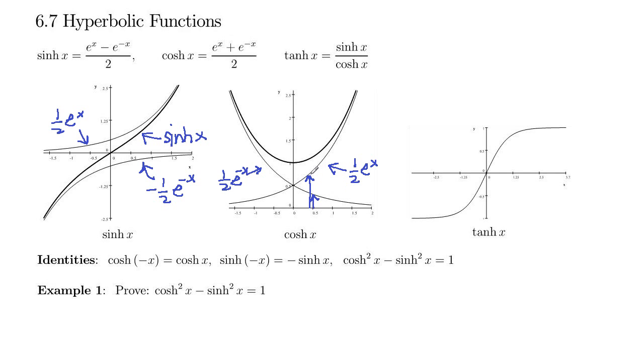If you take this y value, add it on the end, you end up on the bold black line, which is your cosh x. So it's a vertical addition of the graphs at each point. And then if you divide the y values, you get the y values for hyperbolic tangent. Hyperbolic tangent here has some horizontal asymptotes at y equals 1, and then also y equals negative 1.